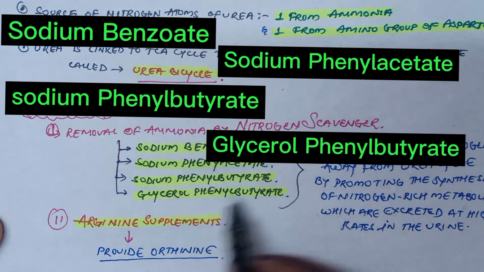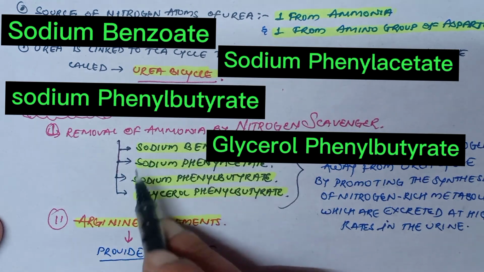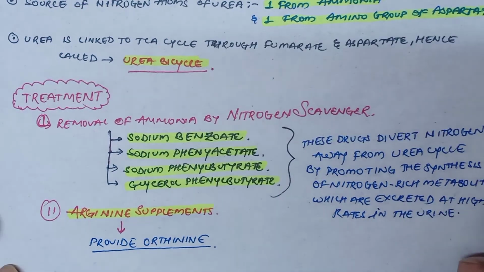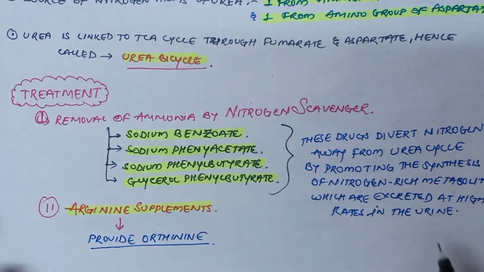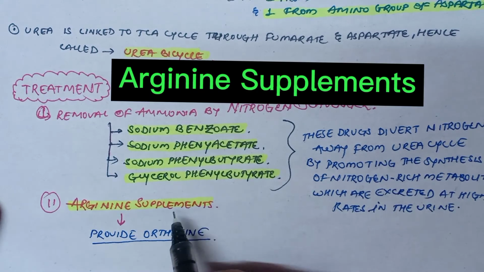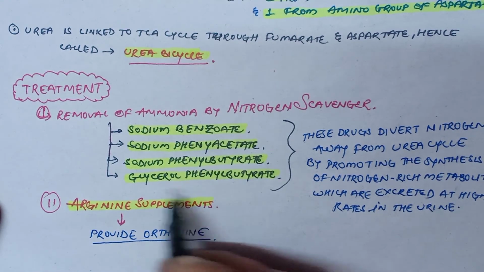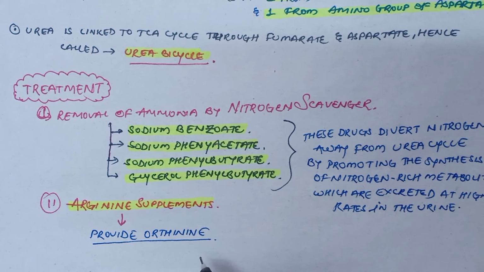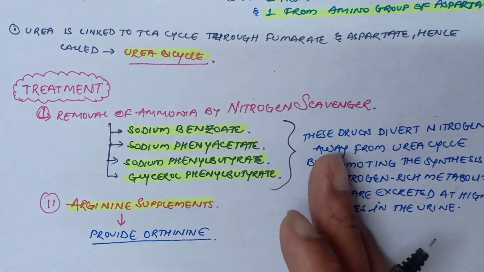So these drugs divert nitrogen away from the urea cycle by promoting the synthesis of nitrogen rich metabolites which are excreted at high rates in the urine. And we can also give arginine supplements, and these arginine supplements will provide more ornithine so that ammonia will be metabolized to form urea and which will finally get excreted in the urine.